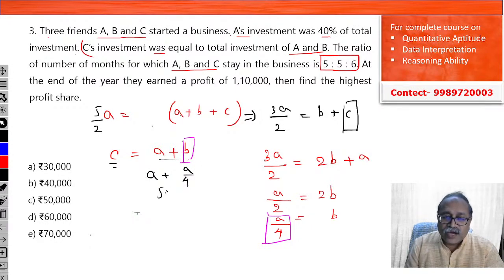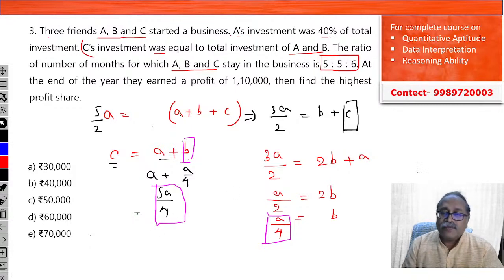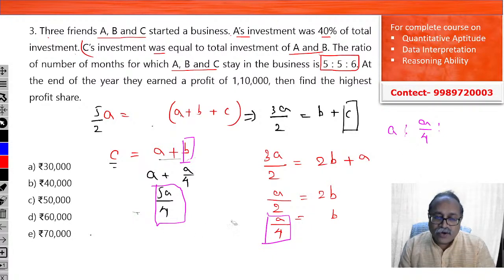C is equal to 5A by 4. So all these I got in the form of A. What is A? A will remain as A. What is B? B is A by 4. And what is C? C is 5A by 4.